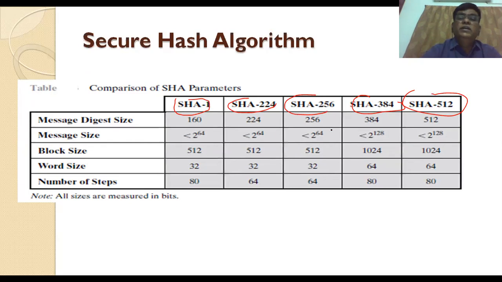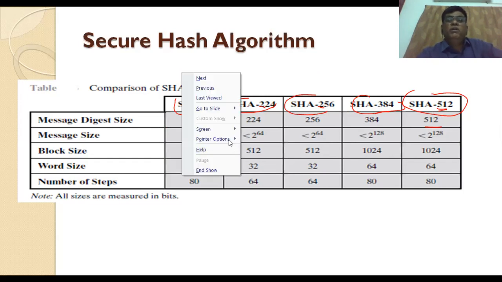The last number, like 512, indicates the message digest size, the output size. If the hash function produces an output of size 384, this algorithm is SHA-384, like that. So this 224, 256 indicates the message digest size, the output size of the function.